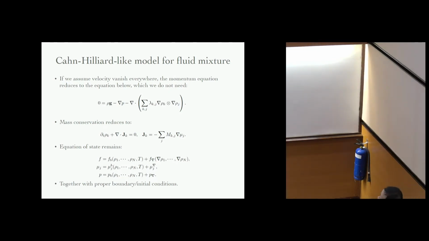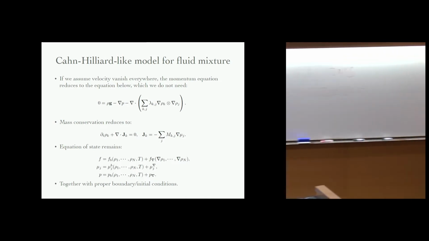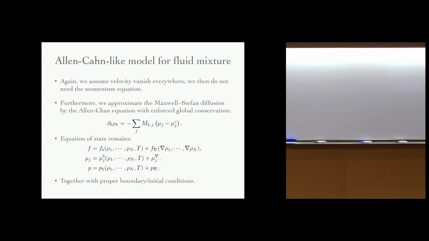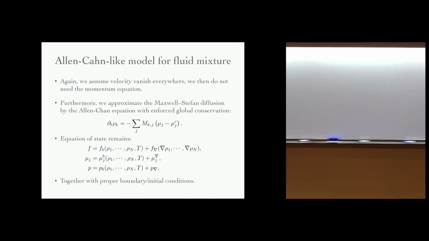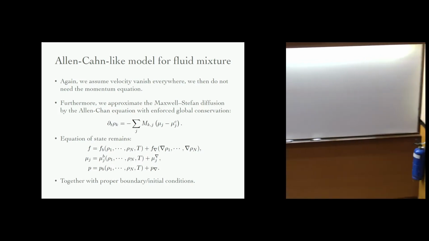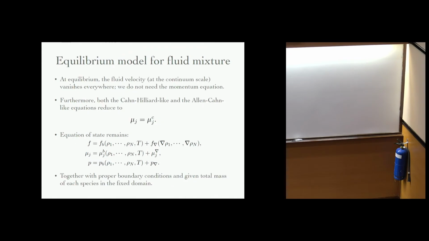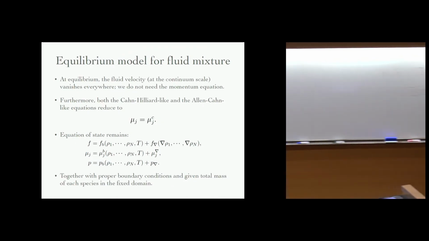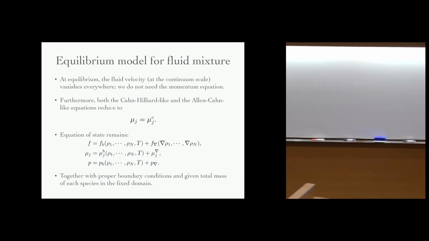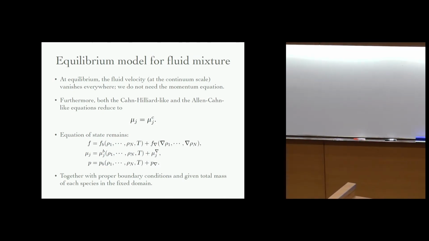So in the talk today, I am mainly talking about the Cahn-Hilliard-like model and Allen-Cahn-like model, and how to solve them in terms of a multiple component framework. But of course, we also have ongoing work on coupling this with the Navier-Stokes. When you reach a steady state, the previous model reduces to this one.